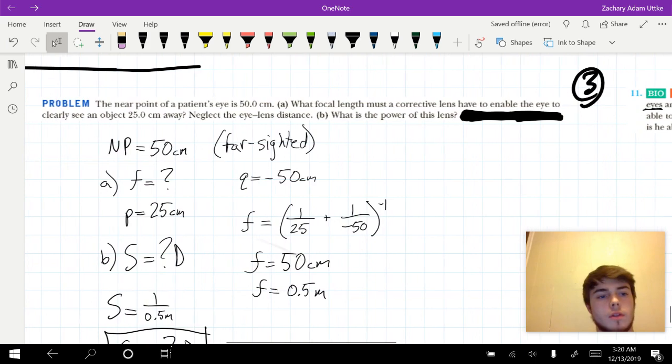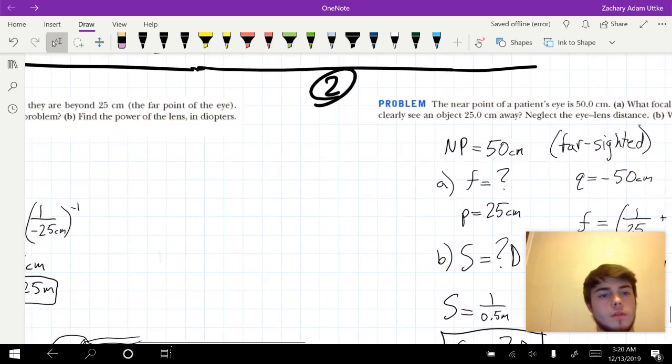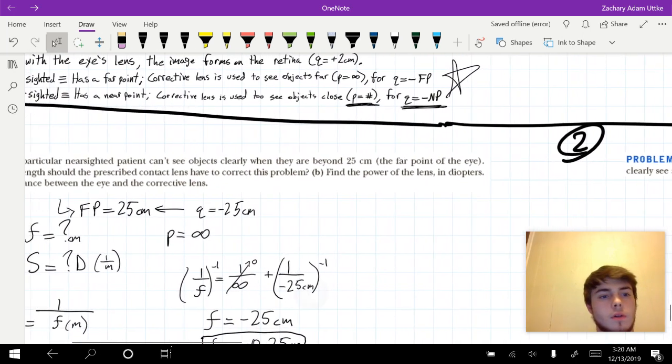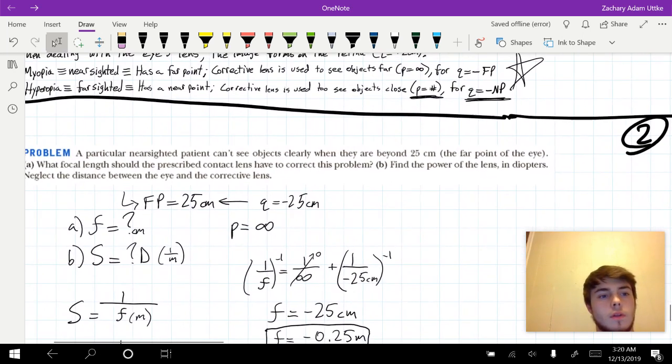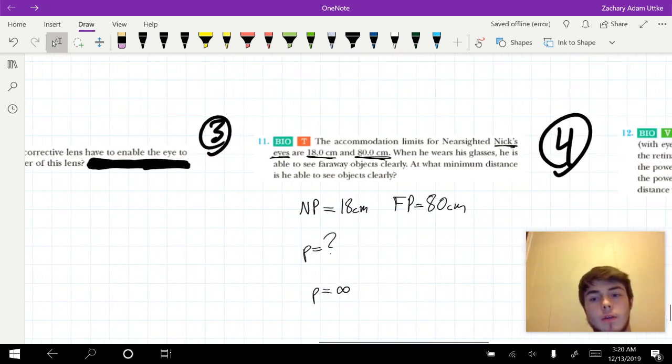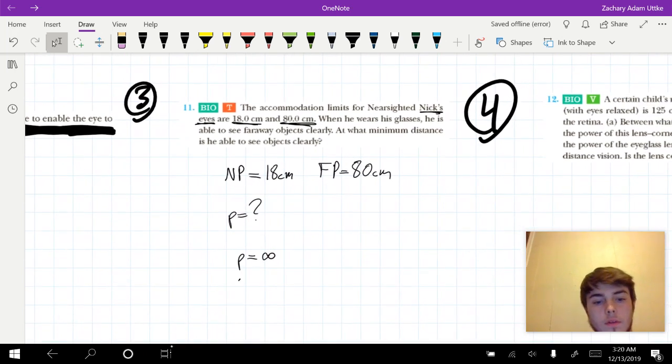Okay, so let's again look at our rules. If he's nearsighted, he has a far point, which is going to be negative 80. So yeah, he can see far away clearly. Q will equal negative 80.